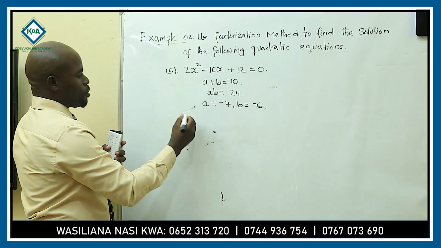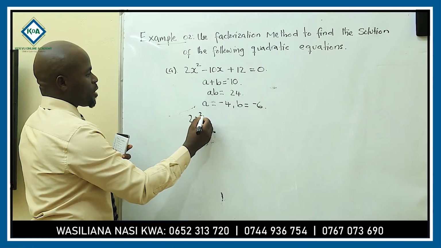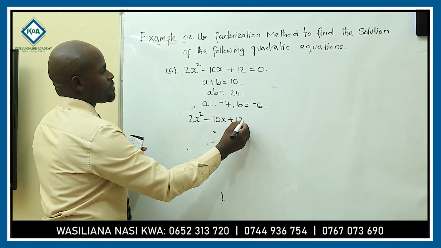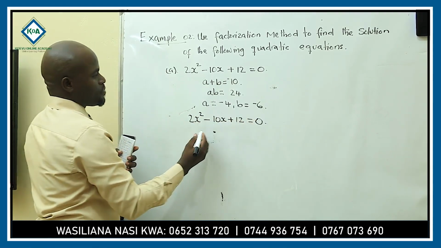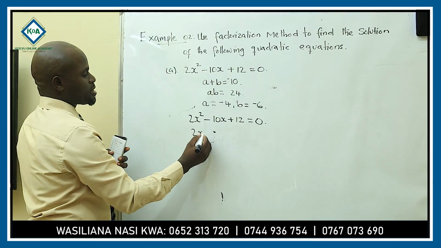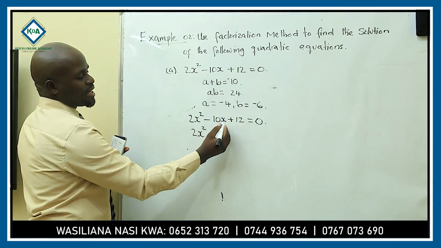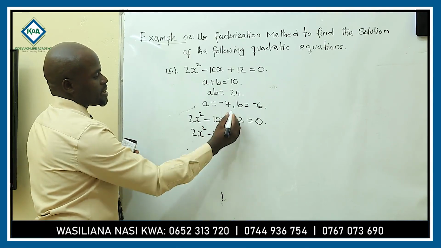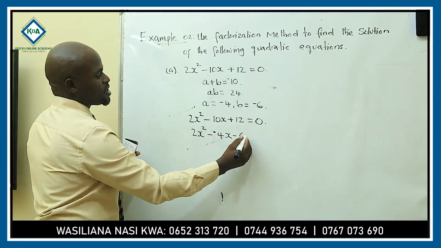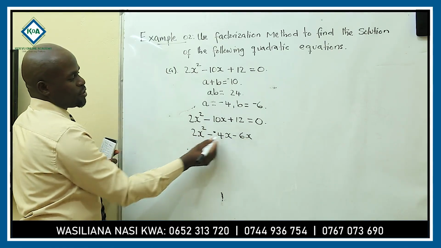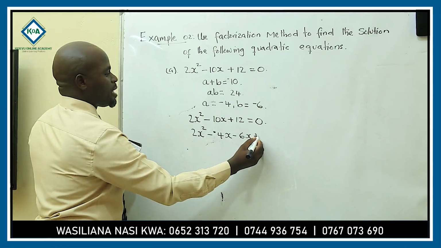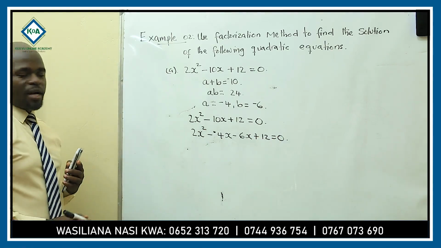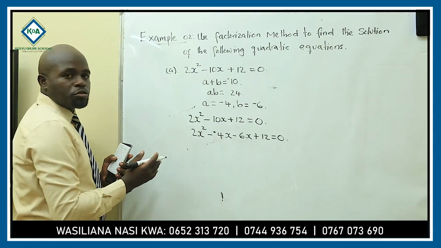Then from 2x squared minus 10x plus 12 is equal to 0, this will be 2x squared, and instead of negative 10x, it will be negative 4x, then negative 6x, plus 12 equals 0. We split the negative 10 into 2 numbers. Then we group into 2.